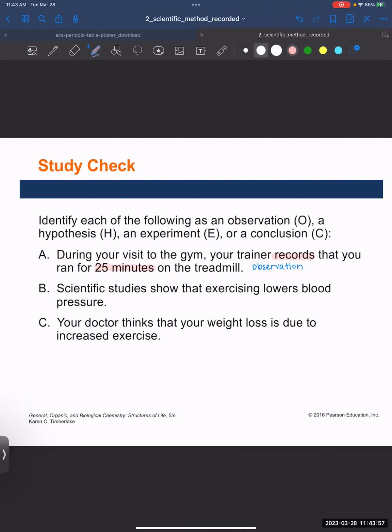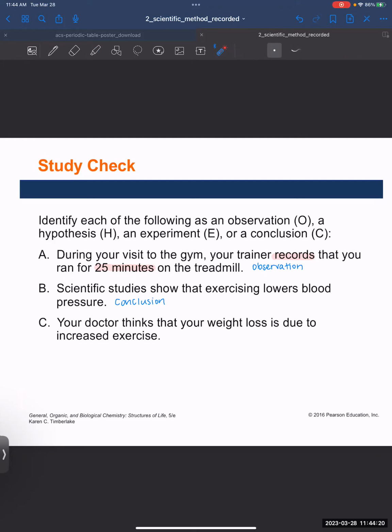Part B, scientific studies show that exercising lowers blood pressure. This is a conclusion. Now, what were the clues that led to our conclusion that this statement is a conclusion?